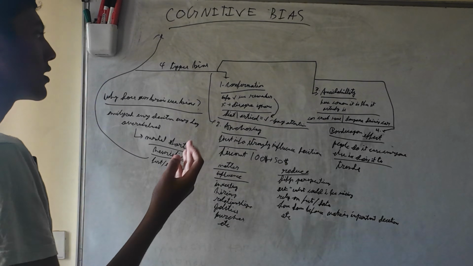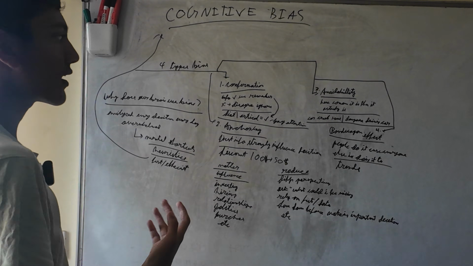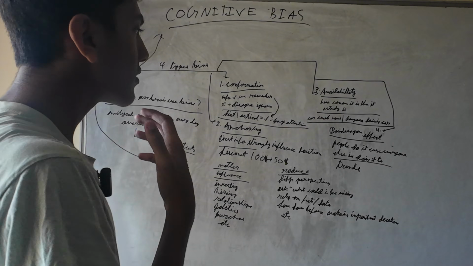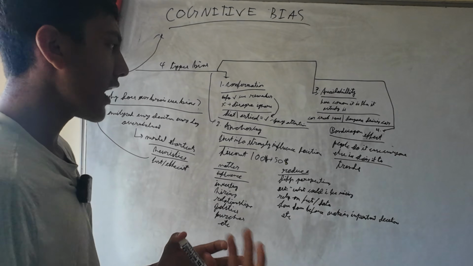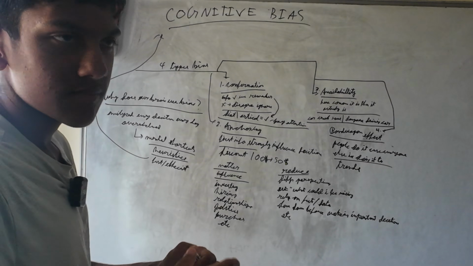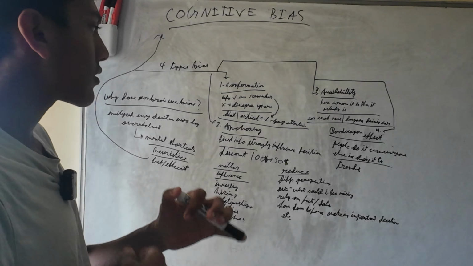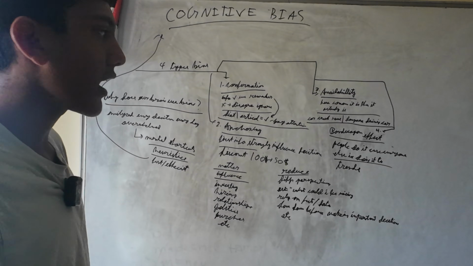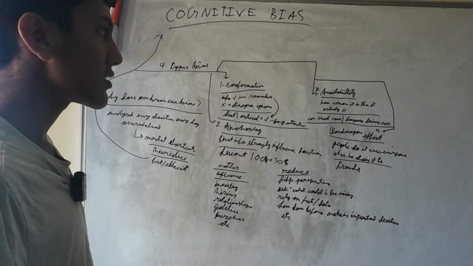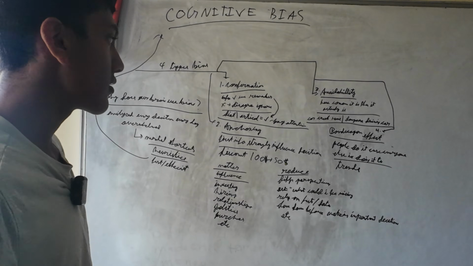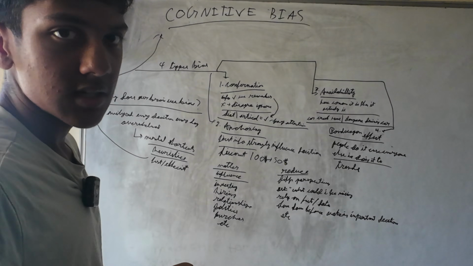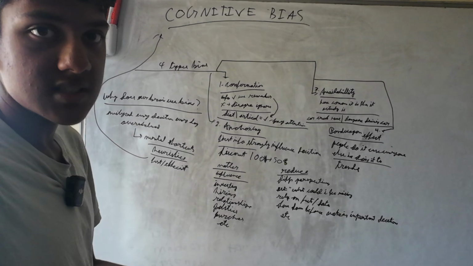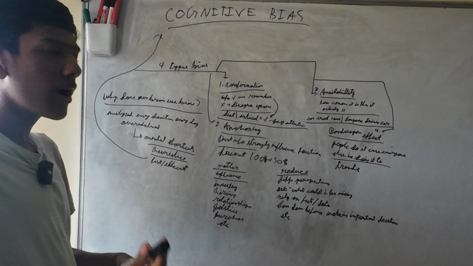The first one is confirmation bias. What this basically means is, for example, you're going on a diet. While you're trying to use this diet, let's say you read up on some articles to learn more about this diet and how to use it more properly.